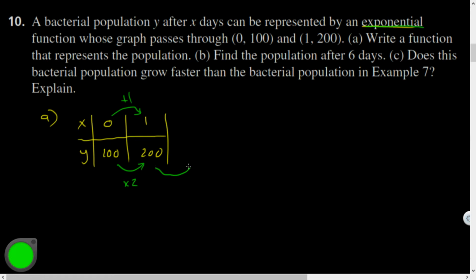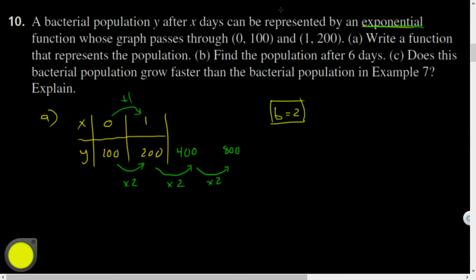So that means on the next day, what would you expect the population to be? Double, right? So I would expect 400, and then 800, etc. So because it's exponential, that's what I would predict, and I know that the value of b is going to be 2. So b equals 2 because of this.